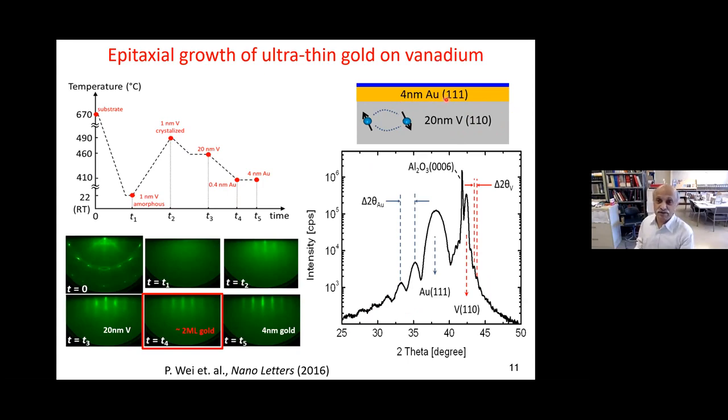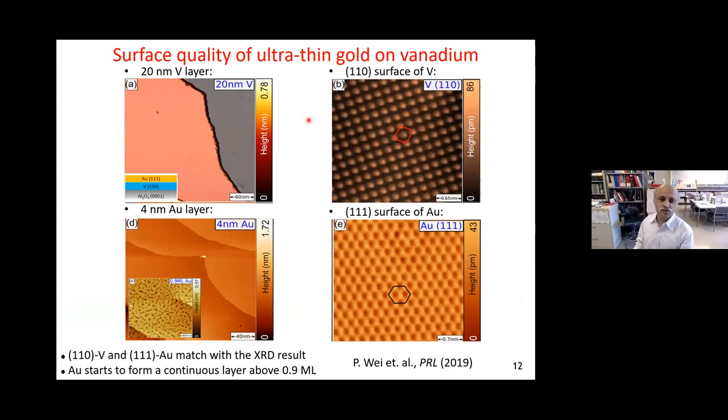And that may be very helpful for us to look for the very good properties of the surface state of the gold. This is also supported by the STM studies. Now we have 20 nanometers of vanadium, and you can see the flatness here at the larger scale. Then you zoom down, and you can see the 110 of the vanadium forming.